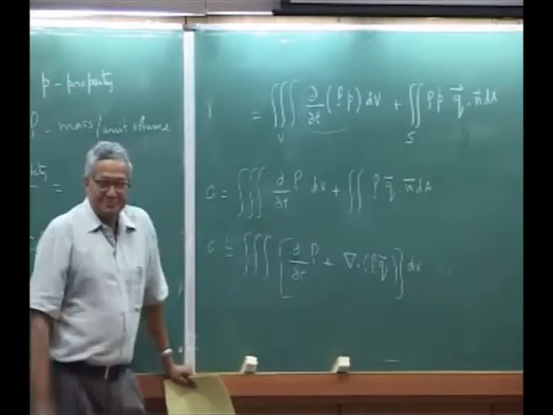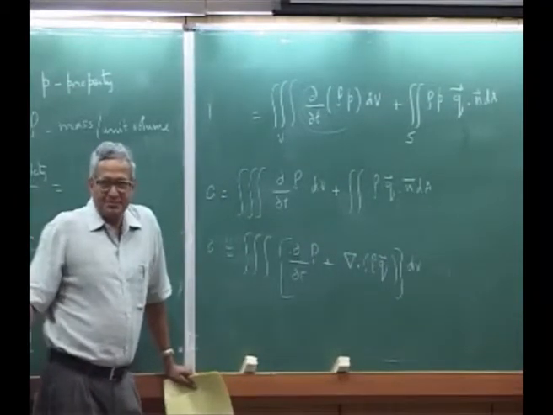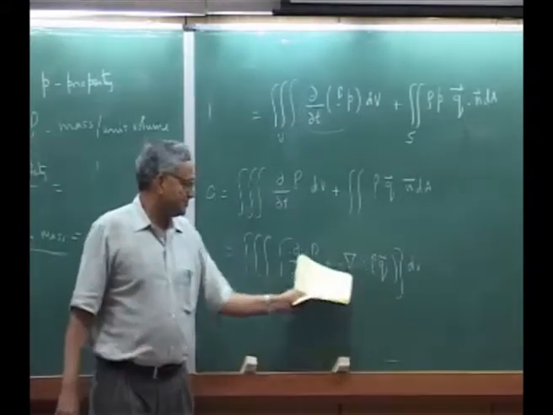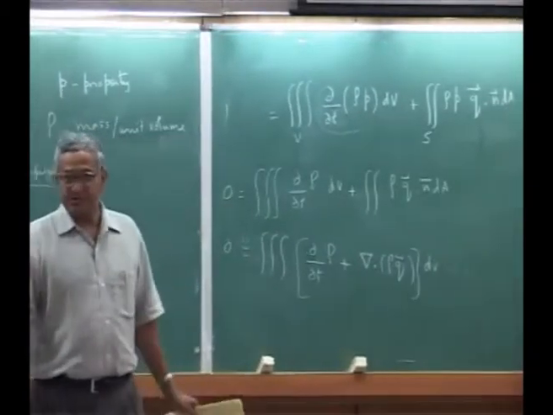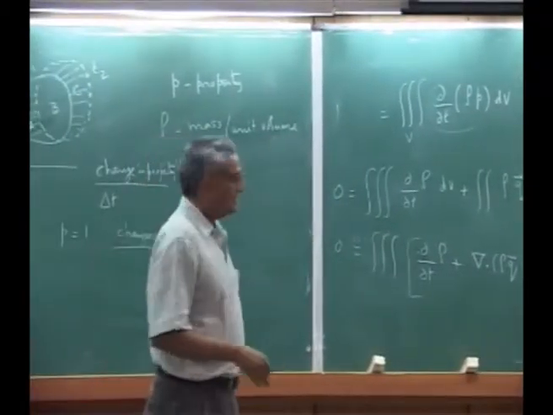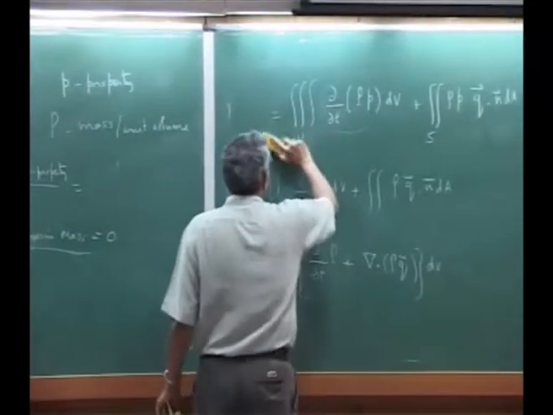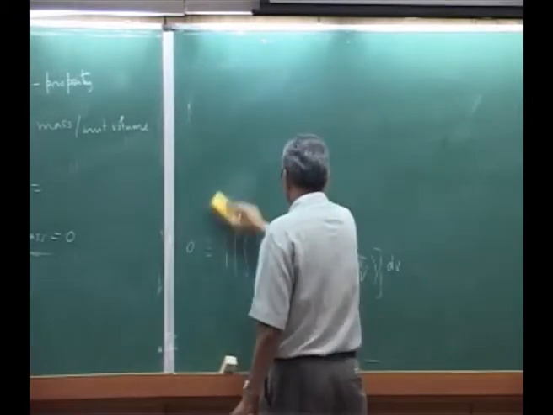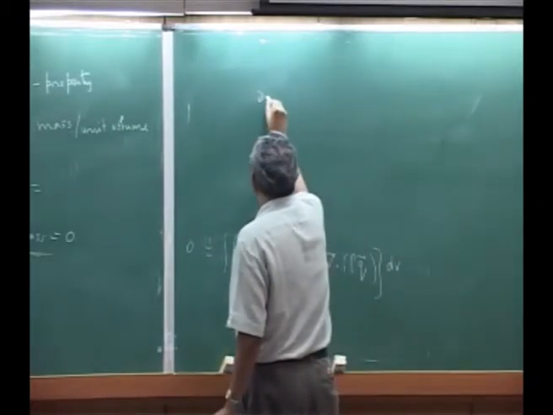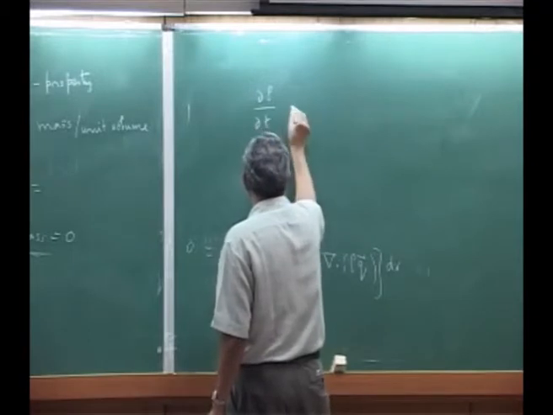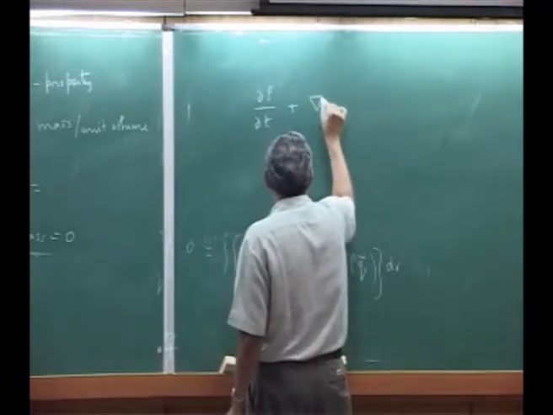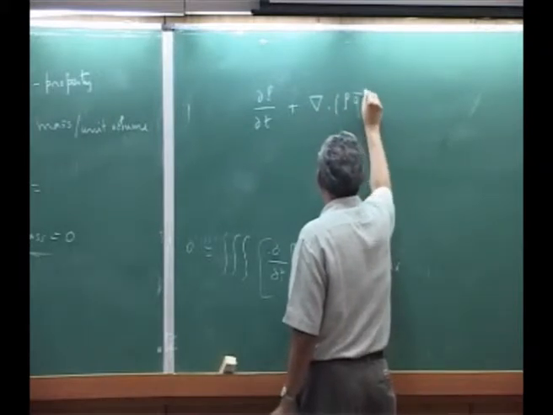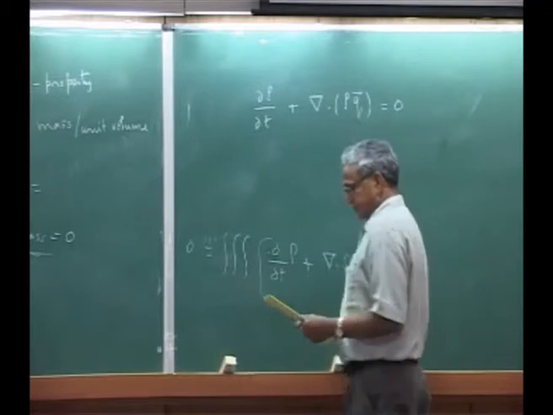Now the volume is arbitrary because I can choose any volume I want. Then automatically the term within that integrand has to be 0. And that is my continuity equation, which I will write here as delta rho over delta t plus divergence of rho q.